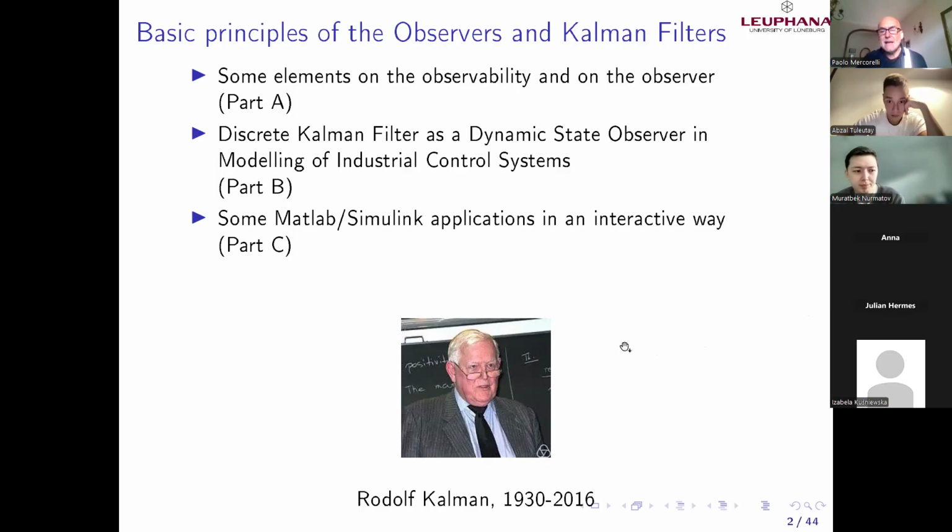At the end of this slide, we can see the picture of Professor Kalman. The denomination Kalman filter came from Professor Kalman. I met Professor Kalman once in my life, just to understand where the name comes from. He was a professor in America, I think in Illinois, I don't remember exactly.